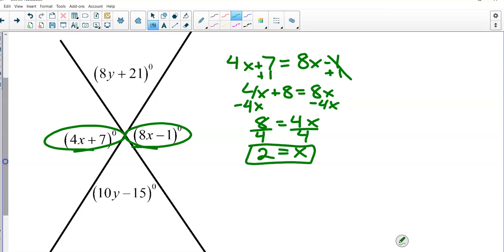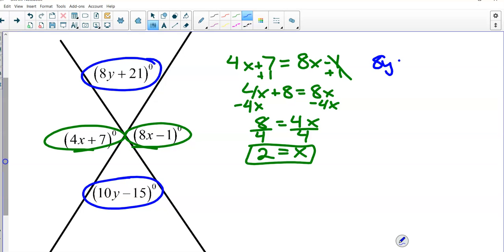Now, if I need to solve for y, I can see that my angle up here and my angle down here are vertical angles, so I know they're going to equal one another. So if I have 8y plus 21 equals 10y minus 15, I just need to get y by itself.